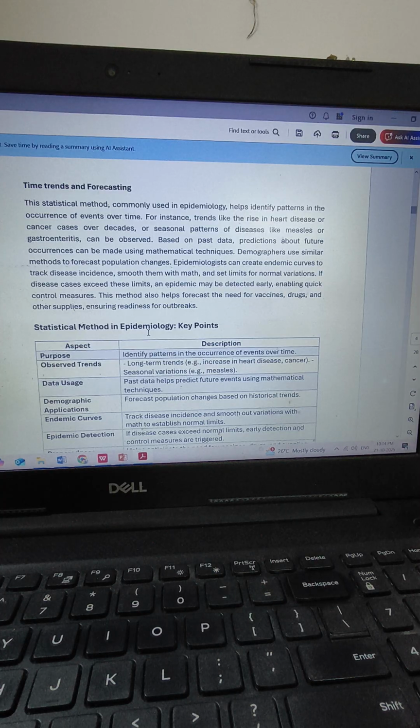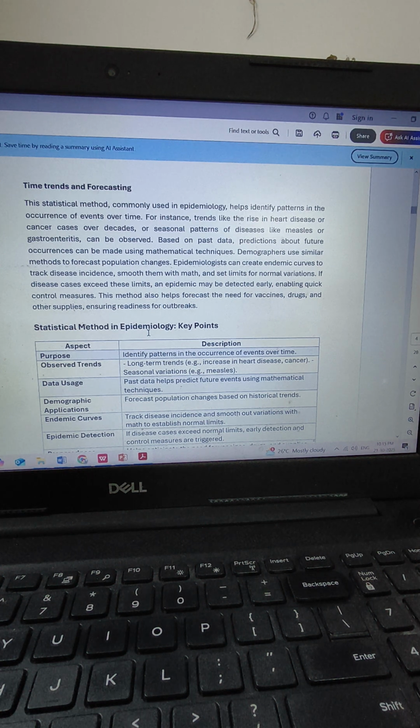So when you are marking the cases, there will be clustering of cases, particularly in one month, correct? So we'll have a clue that flu cases are on a rise during the rainy season or winter season. Why do we do that? We do that so that we will get an idea of what we can predict in the upcoming year.